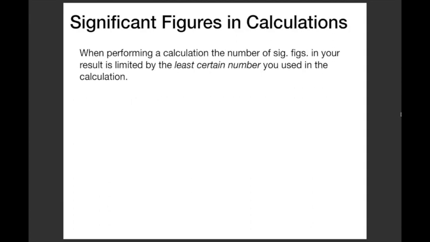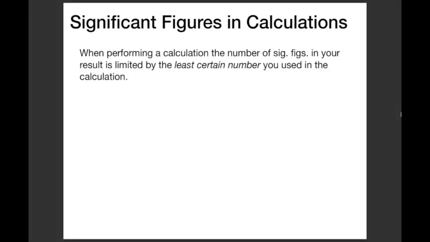Just as there are rules dictating what figures are significant, there are also rules dictating how to use them in calculations. In general, the number of significant figures you obtain in a calculation is dictated by the number of sig figs in the value with the most uncertainty.